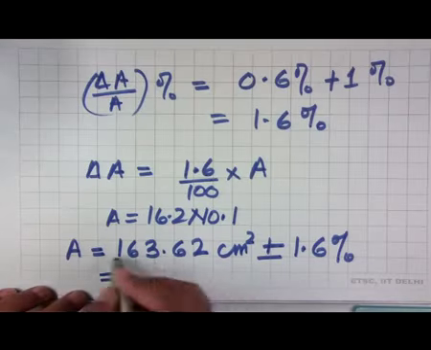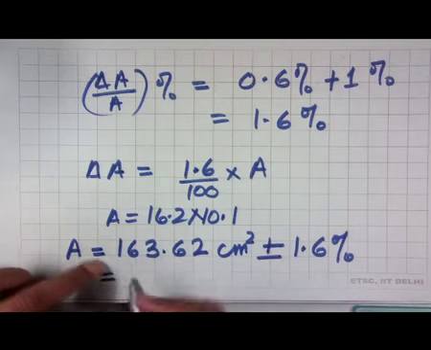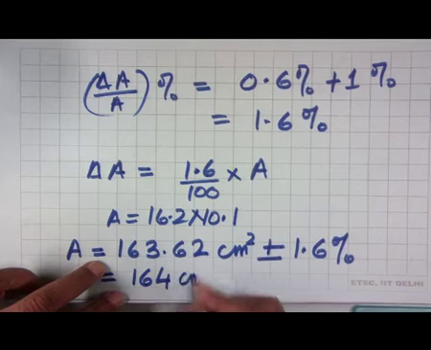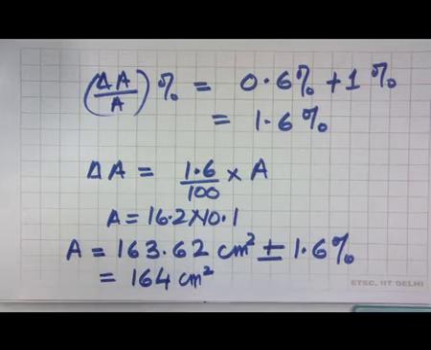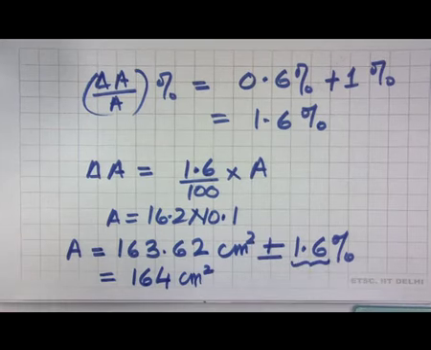So when I express it to 3 significant digits, this will become 164 centimeter square. That means the last two decimal places will go away because we keep only the significant digits, and then to this I have to add 1.6%.